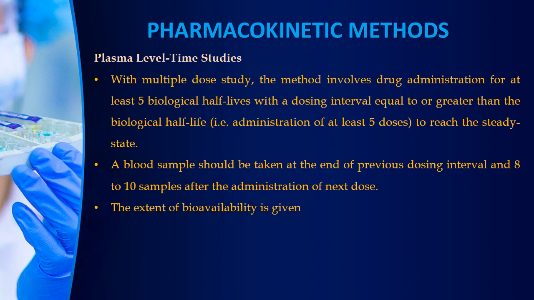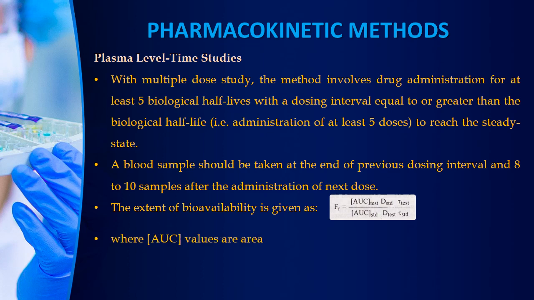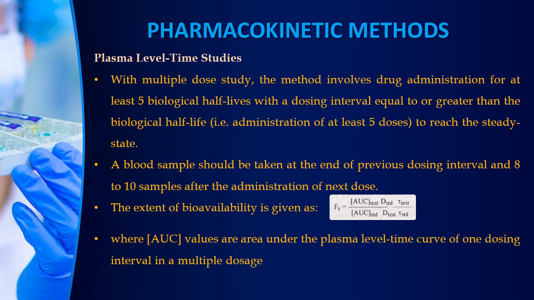The extent of bioavailability is given as F equals AUC test divided by AUC standard, into T standard divided by T test, where AUC values are under the plasma time curve of one dosing interval in a multiple dosing regimen after reaching the steady state, and T is nothing but the dosing interval.